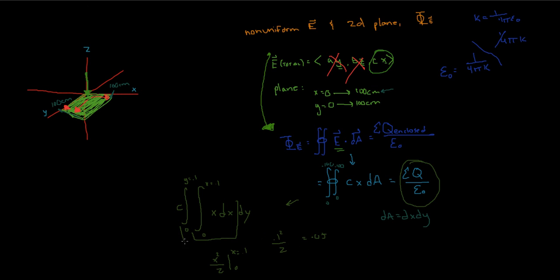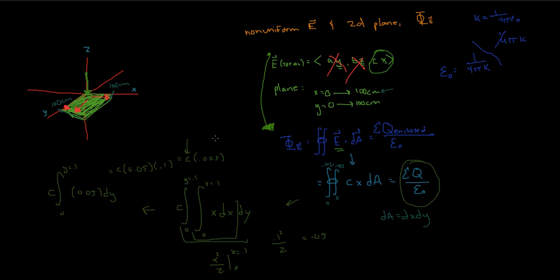So now if we do the second integral, we see that C times the integral from 0 to y equals 0.1 of 0.05 dy is just going to be equal to C times 0.05 times 0.1, which is just C times 0.005. Okay, so that is actually our answer for flux, and if they gave you a value for C, you just plug it right here.